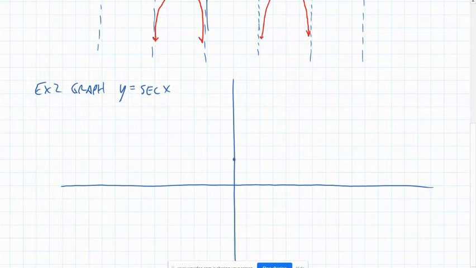So a cosine graph starts high at 0, and so I'll just graph a normal cosine graph first.